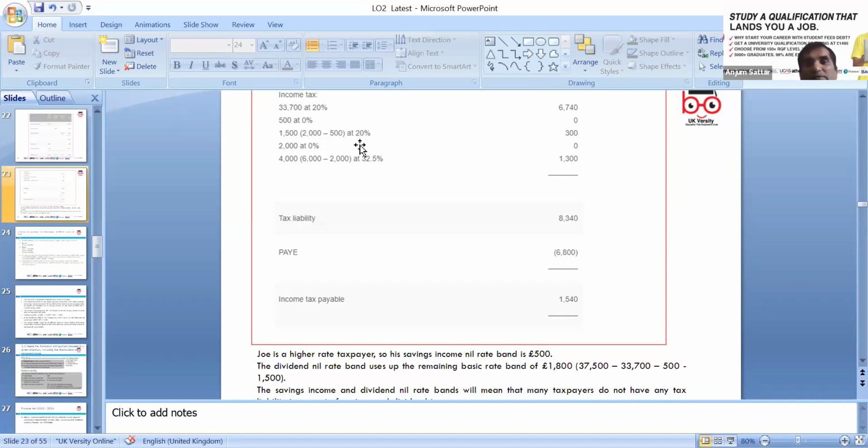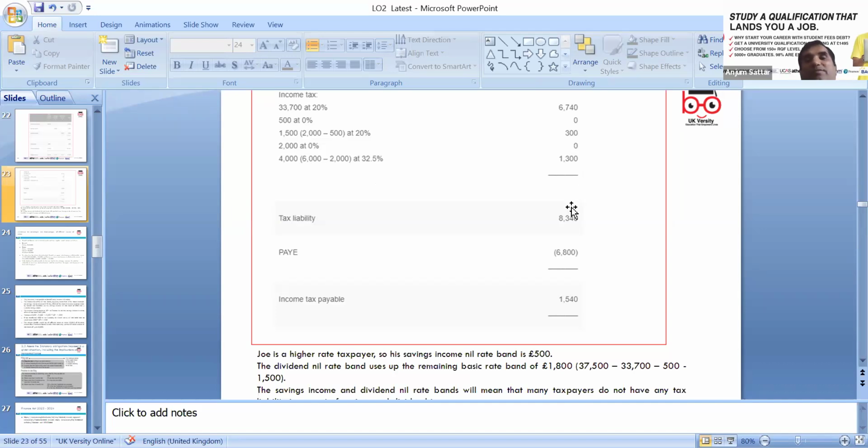Okay, then we can look at the 2,000 dividend income, and the remaining, so 6,000 minus 2,000, then the rate will be higher, because it's a higher tax bracket now, so that will go on the remaining.